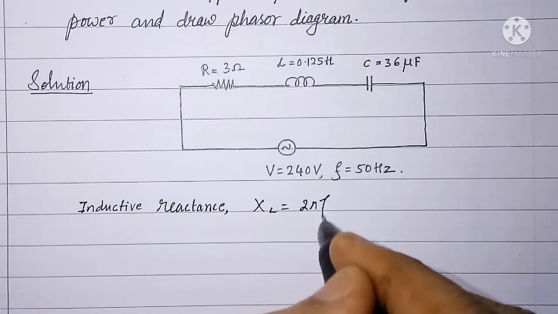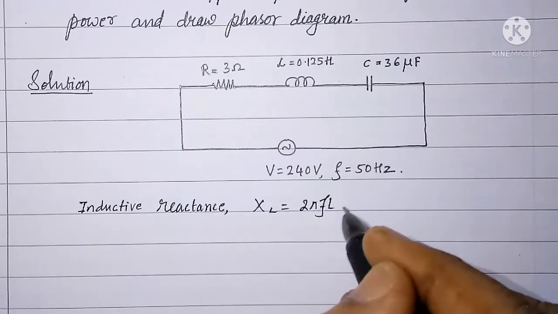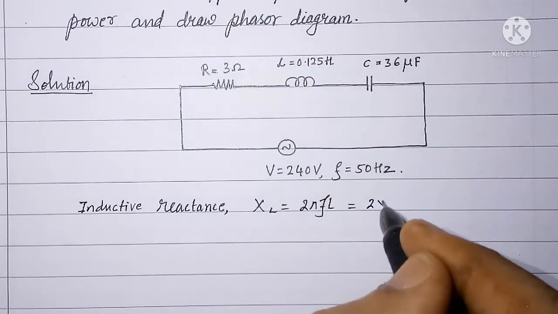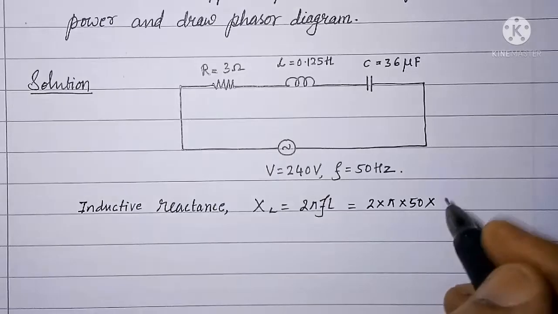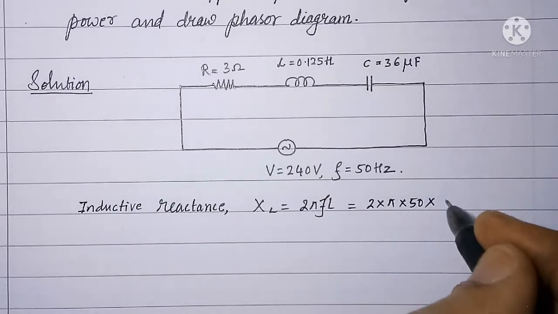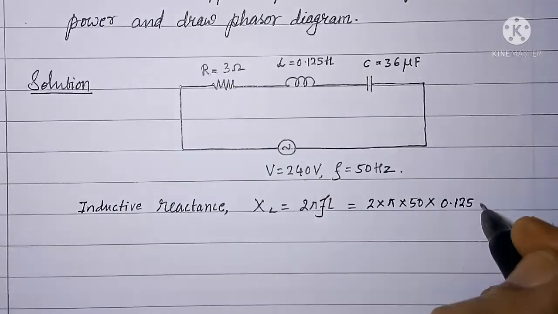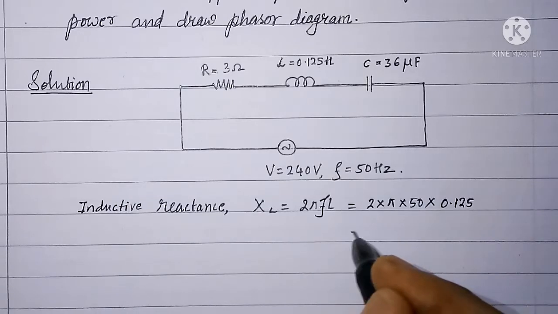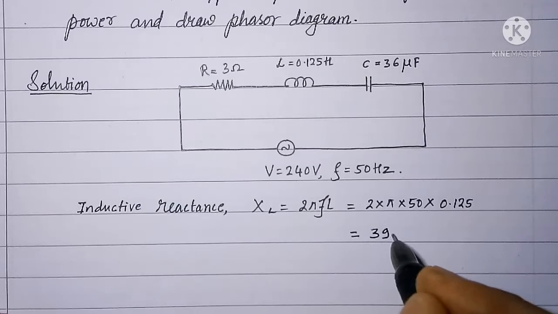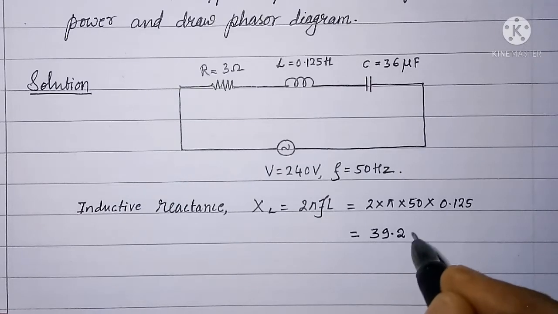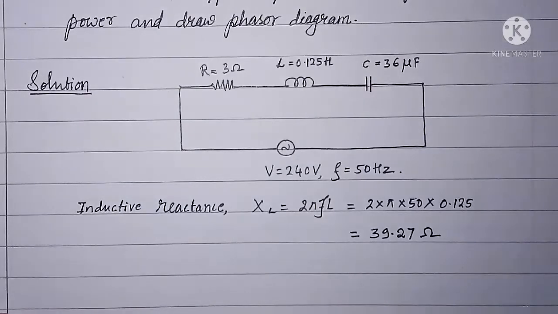XL is equal to 2 pi FL, that is equal to 2 into pi into 50 into 0.125, that is equal to 39.27 ohms.